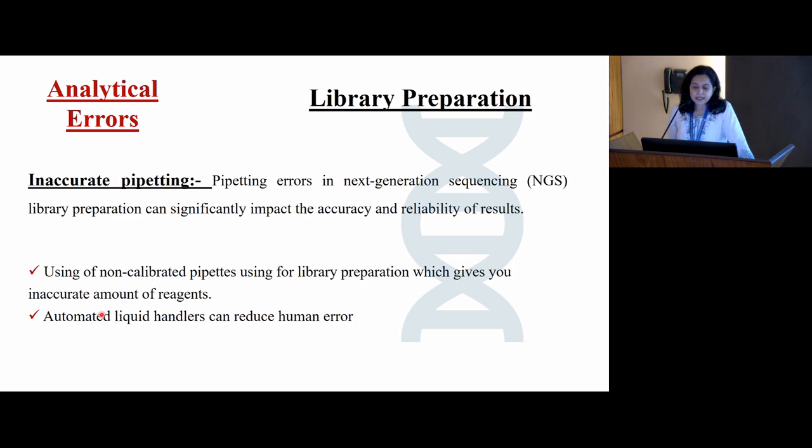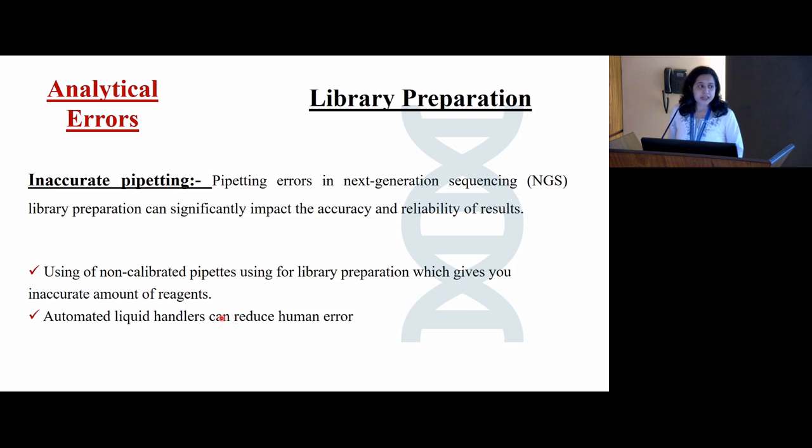The second is library preparation. In library preparation, as Swapnali has also told you, inaccurate pipetting is a big cause of error, and it significantly impacts the accuracy and reliability of your results. So the pipettes should be properly calibrated every time you use them.